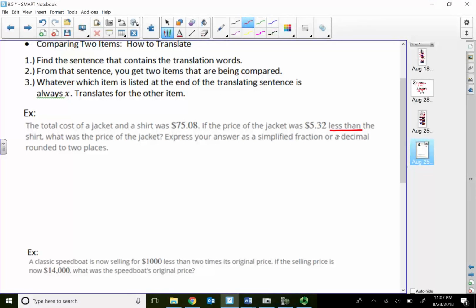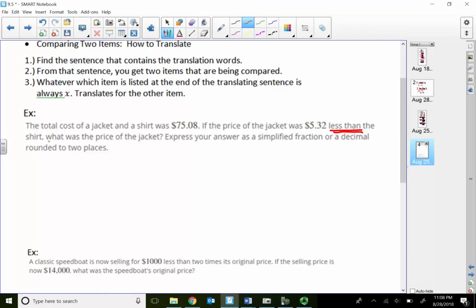See that word right there? So, got to find my translation word because step number two says from that sentence, you get two items that are being compared. Who is less than who?